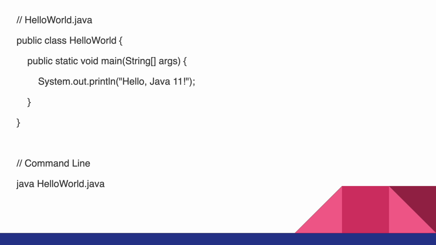I have not compiled it. I am just executing this command directly and it will produce the output. This feature, while incredibly useful, is best suited for lightweight tasks. For production-level code, the traditional workflow involving compiled classes still reigns supreme.